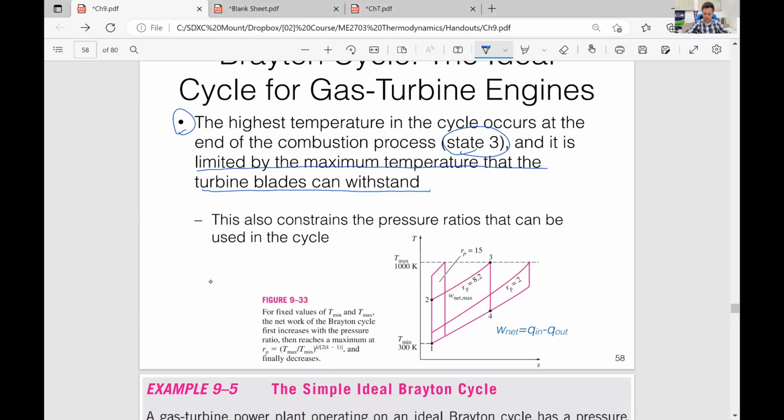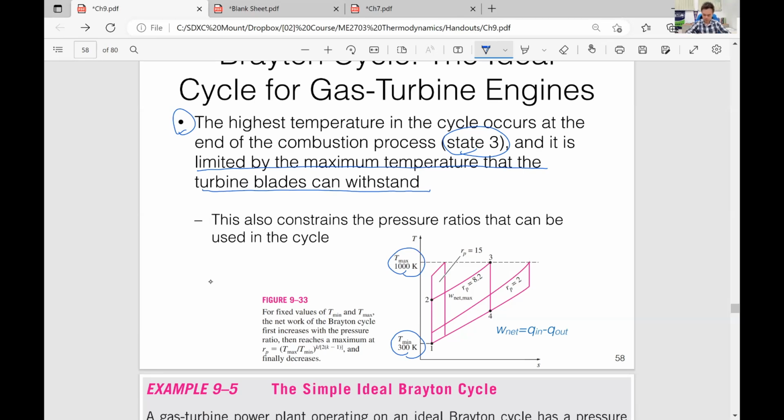Okay, so if you fix the minimum temperature, which is usually room temperature, and the maximum, on a TS diagram, we know that the area enclosed by the process curves in a TS diagram or a PV diagram is the net work out, because this is Q in minus Q out.